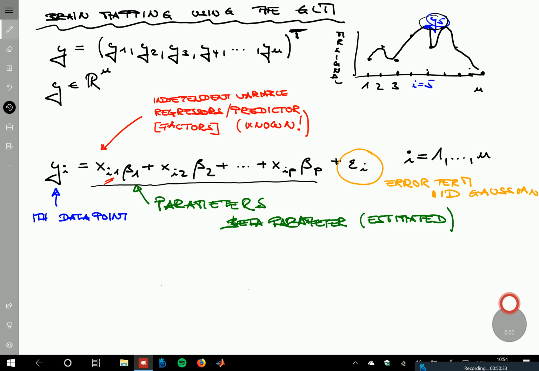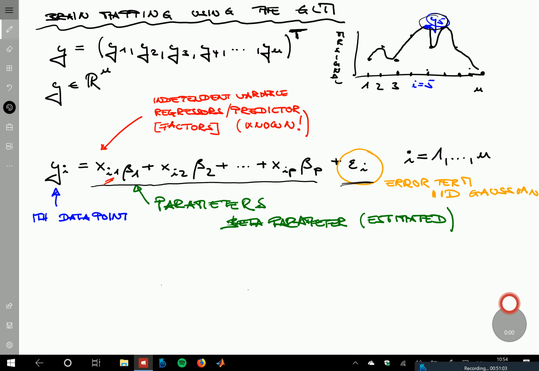But then yi can still be different, and to model this variability in yi that is not explained by your regressors, you assume that there's some noise. This is where I get this from, because recently Toby Donner, when he was around here, talked about noise. This is unexplained variance.